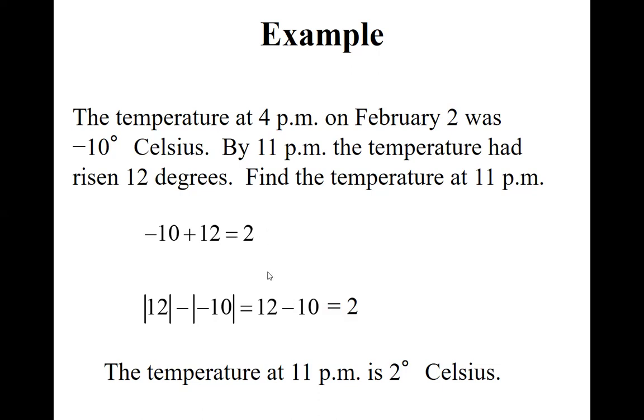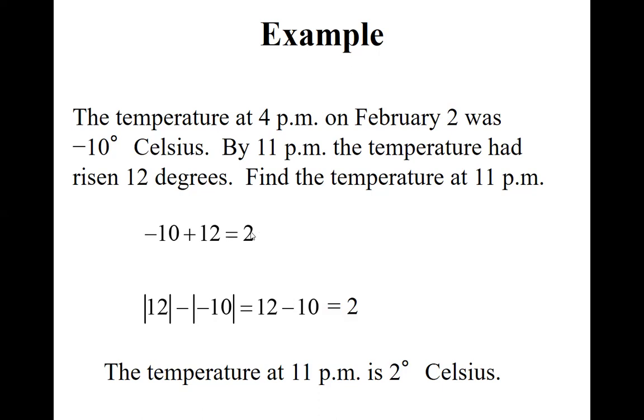I wanted to show that this is the exact same logic that we used. The absolute values are 10 and 12. Subtract them, 12 minus 10. The larger number was 12. That one was positive.